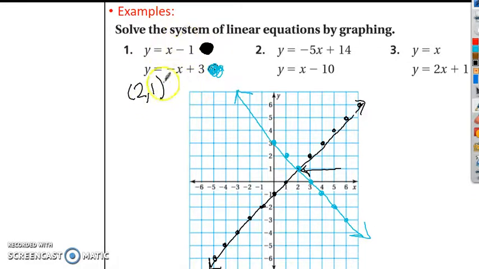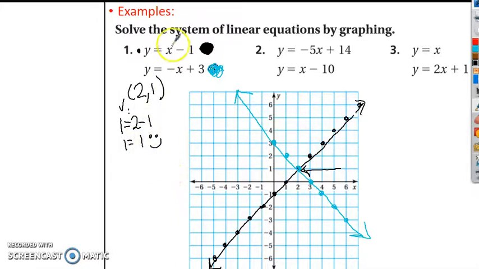Let's go through and check our work. If we plug this into our first equation, we should get 1, because y equals 2 minus 1. So here's me checking: 1 equals 2 minus 1. 2 minus 1 is 1. Good, so that did work out.